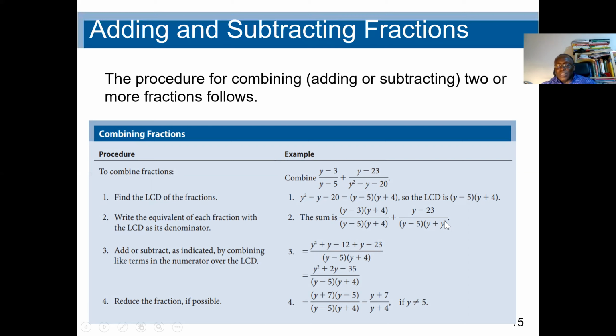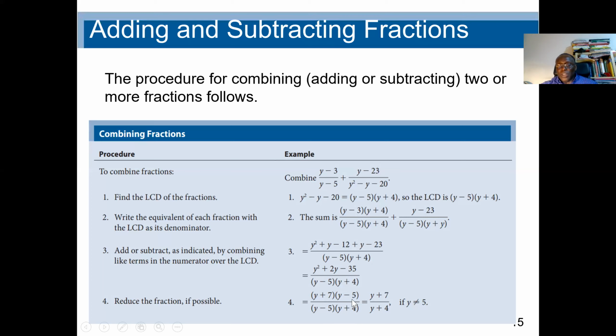Since the denominator is the same, we just combine the terms here. Oh no, sorry, this is y plus 4, it should be 4. Yeah, it should be 4. So here we can simplify, get y squared plus 2y minus 35.